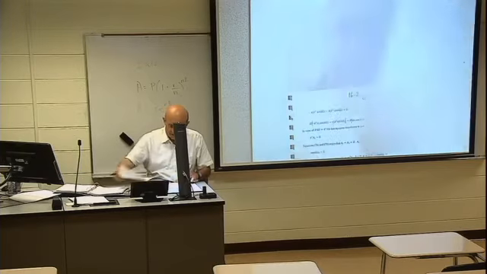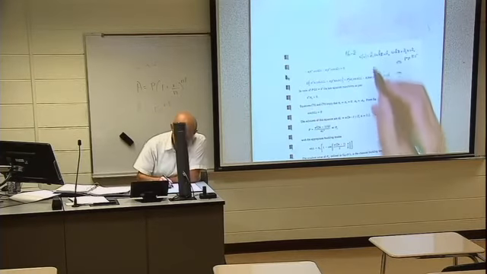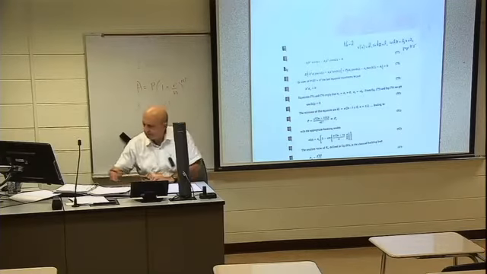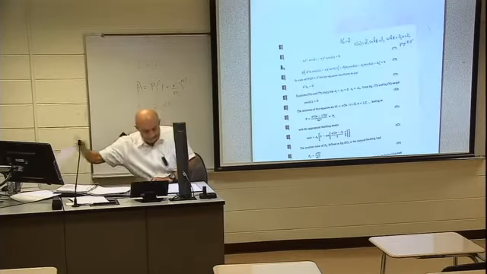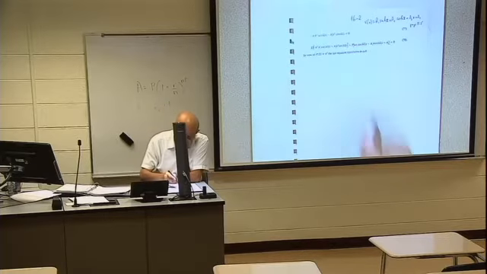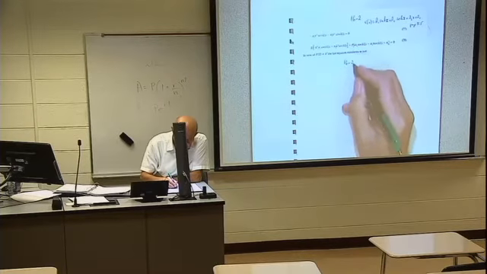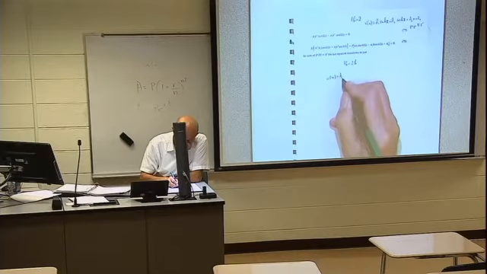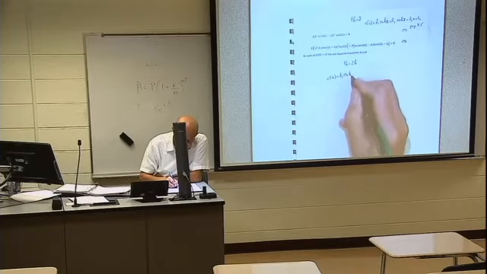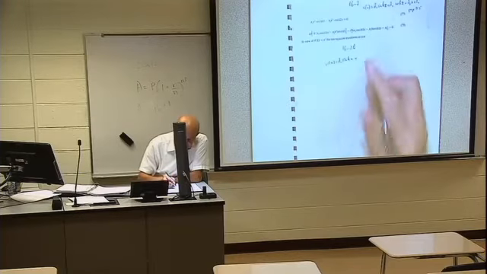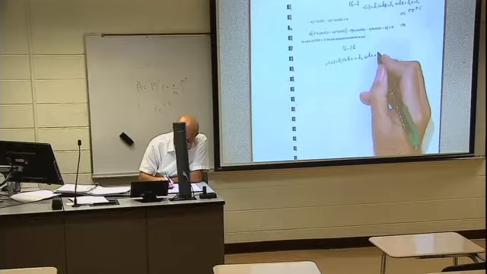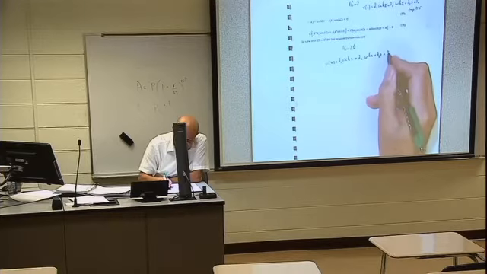So when I satisfy the boundary condition at x equals 0, I get, let me look at this, 16.2b. V of x equals A1 sine kx plus A2 cosine kx plus A3x plus A4.